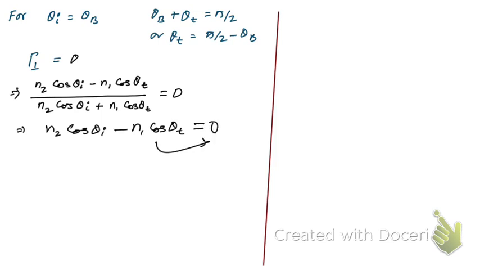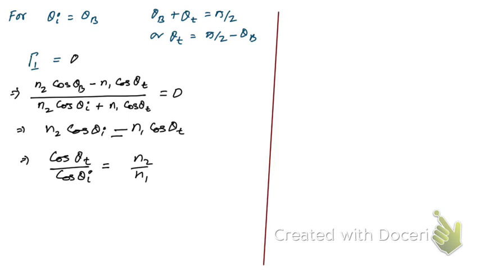If you transfer this term to the other side, then these two will be equal, right? And if that is the case, then cos theta t by cos theta I is equal to n2 by n1, right? So it happens when theta I is equal to theta b.